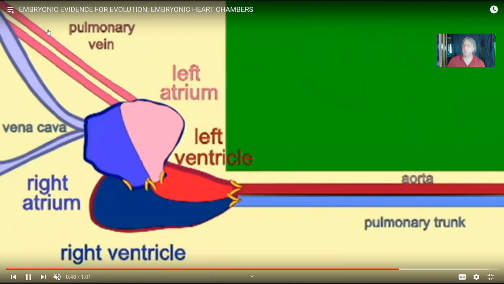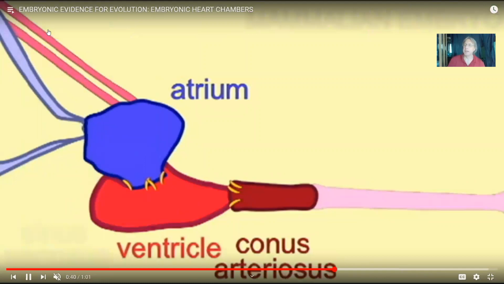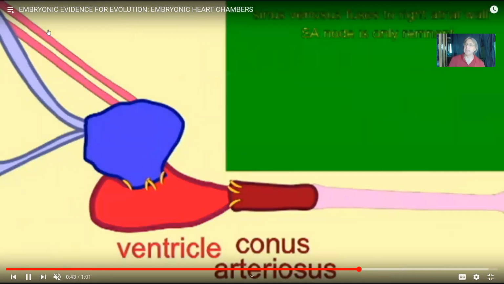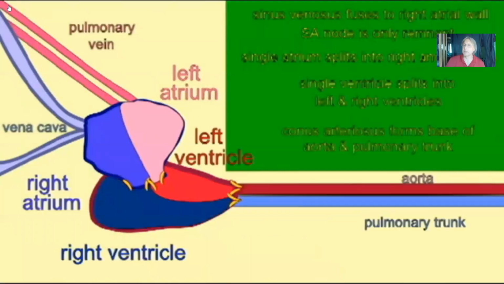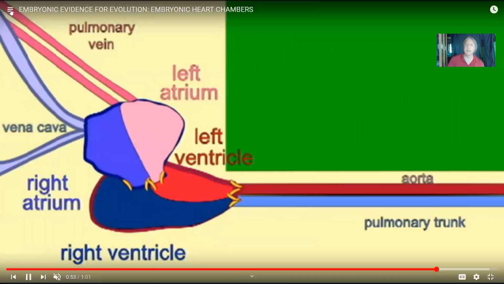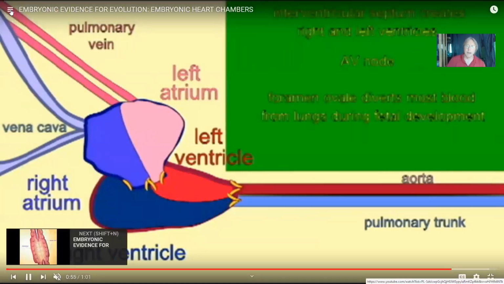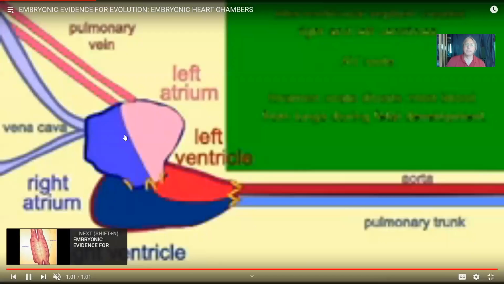There is no reason that that would have to be the case, and that is unexpected if humans are 100% unrelated to fish, that our heart would begin in a form not like the heart, but rather like a fish heart.